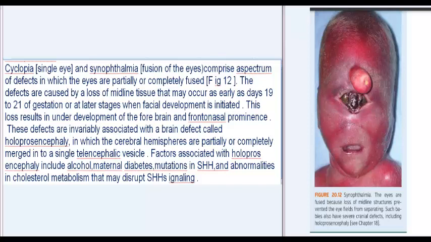These defects are invariably associated with a brain defect called holoprosencephaly, in which the cerebral hemispheres are partially or completely merged into a single telencephalic vesicle. Factors associated with holoprosencephaly include alcohol, maternal diabetes, mutations in SHH, and abnormalities in cholesterol metabolism that may disrupt SHH signaling.